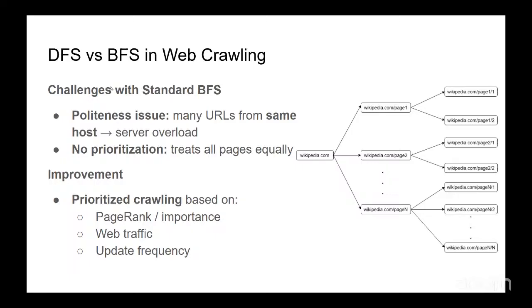But what happens with standard BFS? Look at this example. We have wikipedia.com as the seed URL, and we are crawling this website.